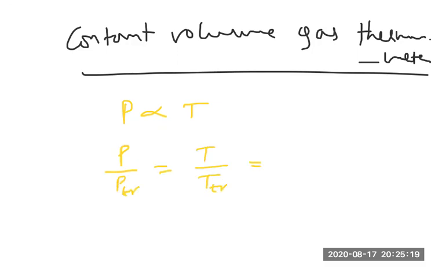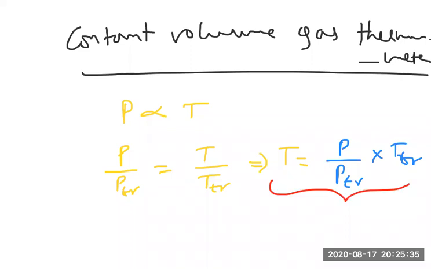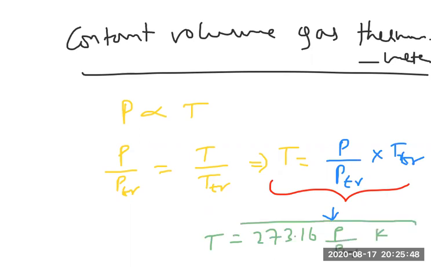So T at any point is equal to P by P triple point into T triple point. Already I mentioned the triple point temperature value, which is a fixed value, 273.16. So T equals P by P triple point into 273.16 Kelvin. Like that we can write the T value, beta.